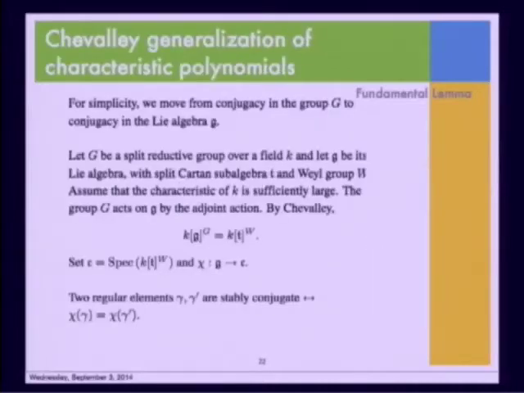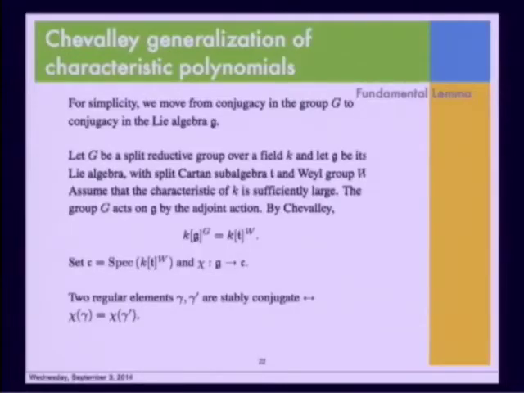And Chevalley worked out the generalization of this from the general linear case to a general Lie algebra. You can take the Lie algebra and the action, the adjoint action of the group on the algebra and take the invariants. And this is the same as, we've got this identity that I've shown in the middle. I can take a Cartan and the invariants under the Weyl group, and then I can take spec of that algebra and I get an affine space.